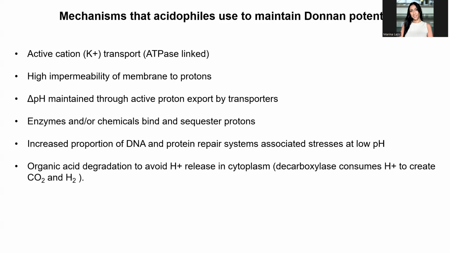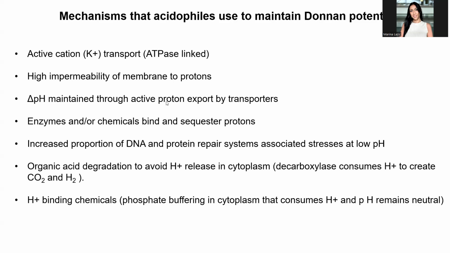The reason why that decarboxylase is developed is because it consumes protons to produce CO2 and H2. Remember when we talked about it a few slides ago, that is a proton antiporter and decarboxylase in neutrophiles that learn how to be acidophiles. So that can also be a mechanism that real acidophiles use to maintain Donnan potential.